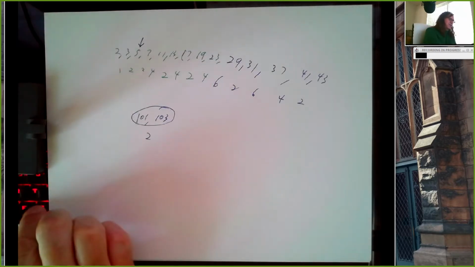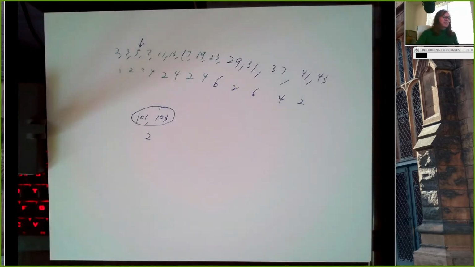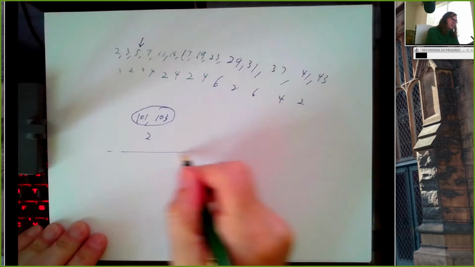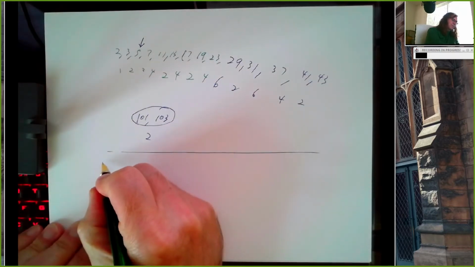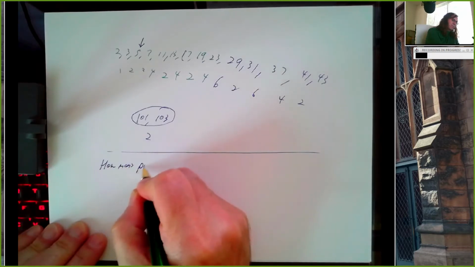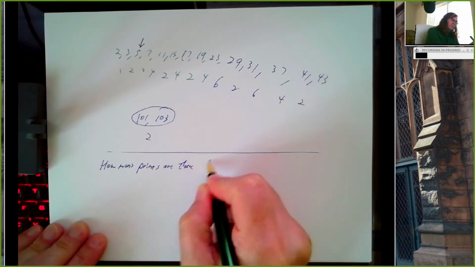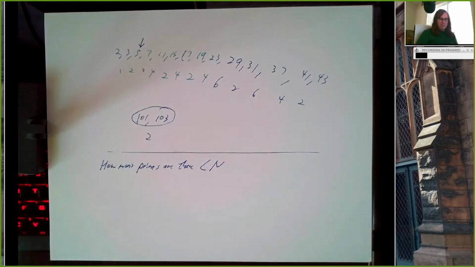And so these kind of feed into this idea that primes get generally further apart the further out you go. But it's not a uniform change in distance, because we still come back to these twin primes sometimes. But this raises an interesting question, which is how many primes are there below any number n?